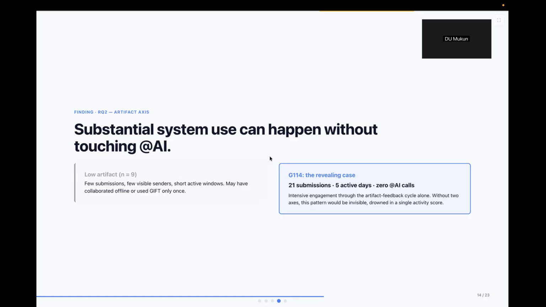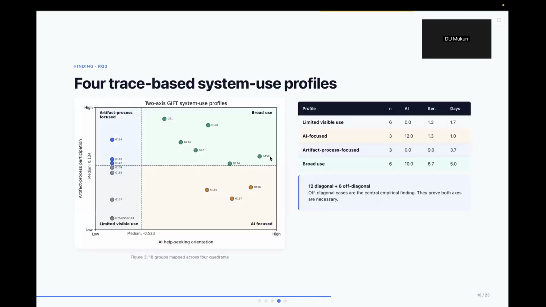So group 114 is one of them. They have 21 submissions throughout 5 active days. Basically, they tried to update and resubmit their report draft such a lot. But we found that they did not call @AI at all. So they have 0 @AI calls. So this is a very interesting finding.